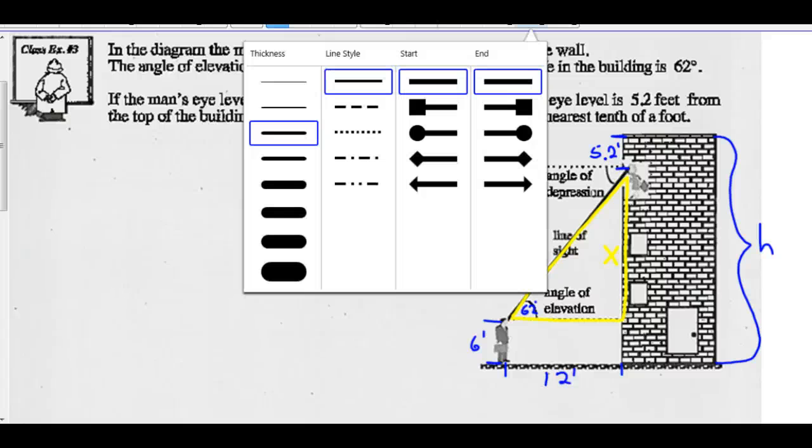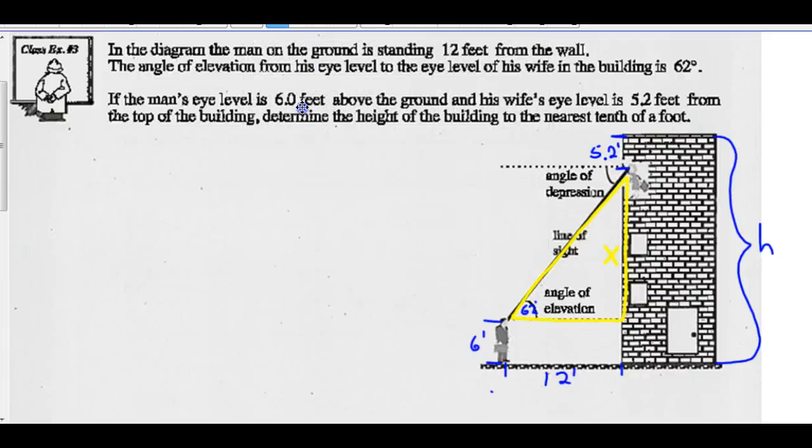From the angle we're given, 62 degrees, x is opposite. We know the adjacent side is 12. The trig ratio with opposite and adjacent is our tangent ratio. So the tangent of 62 degrees is opposite x over adjacent 12.